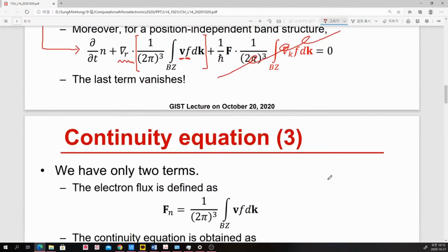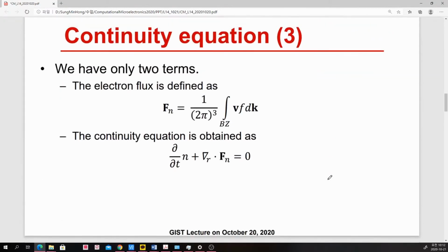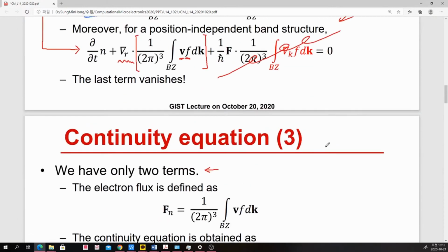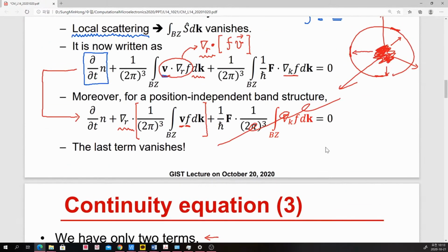Okay, so let me conclude my talk today. So now we have only two terms, and the first term is easily recognized as round n over round t. And now we have the term like this: divergence over a certain term, and this certain term is just given by integration of velocity times distribution.